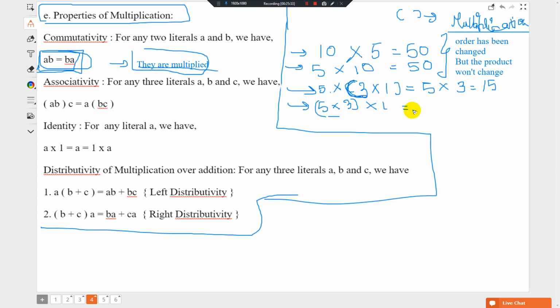First we solve the bracket: 5 into 3 means 15, and into 1, which is 15. Remember that commutative is for two numbers and associative is for three numbers. If the order has been changed, the product won't change, and same here, if the grouping has been changed, the product won't change.